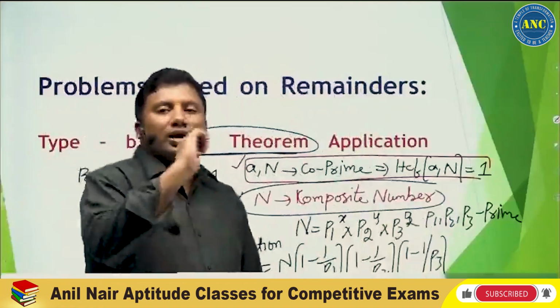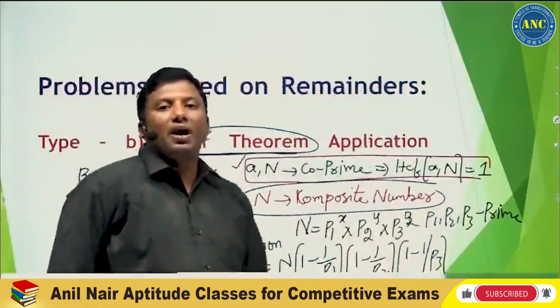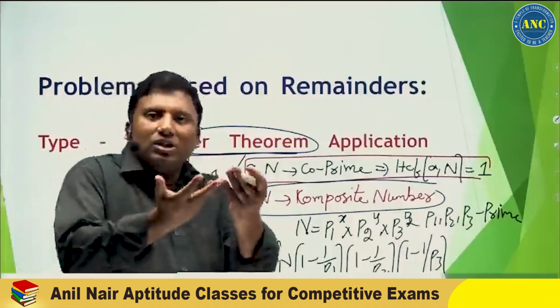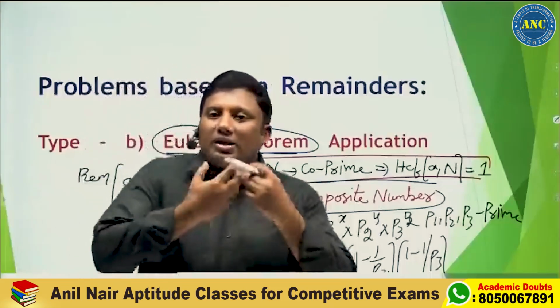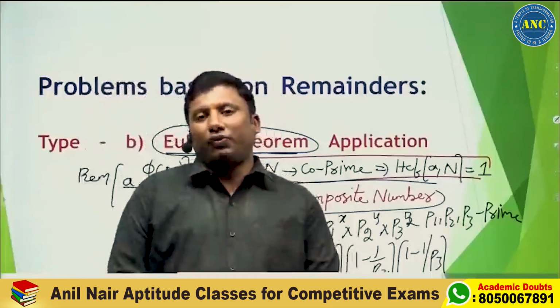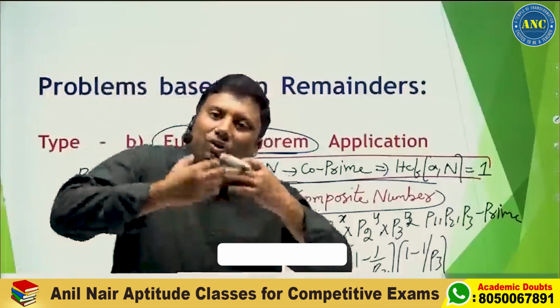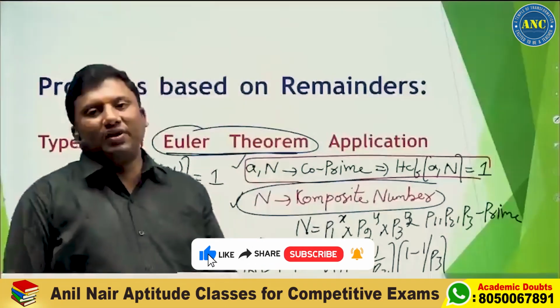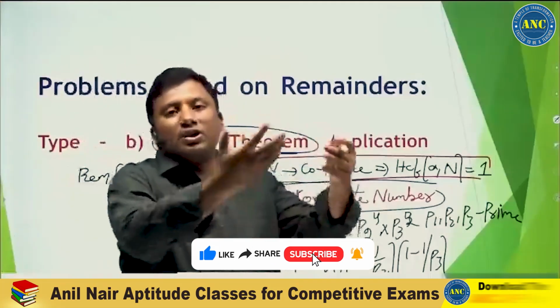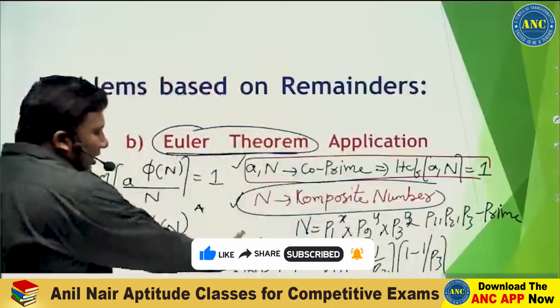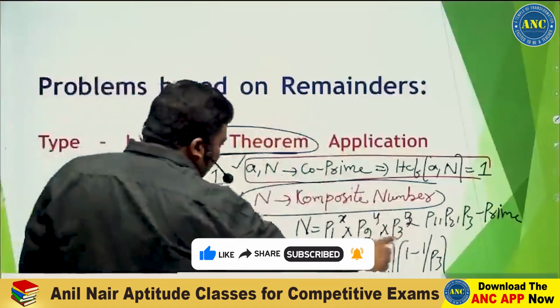Any composite number can be written as a power of prime numbers. 12 is 2 square into 3. 30 is 2 into 3 into 5. 42 is 2 into 3 into 7. 105 is 3 into 5 into 7. Write the number as a power of prime numbers.